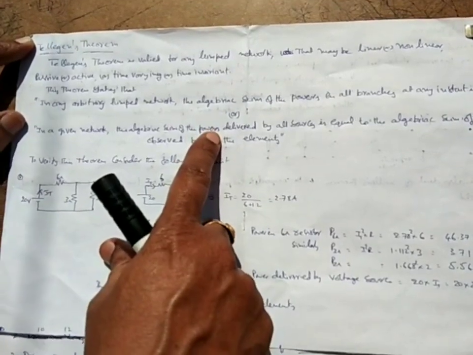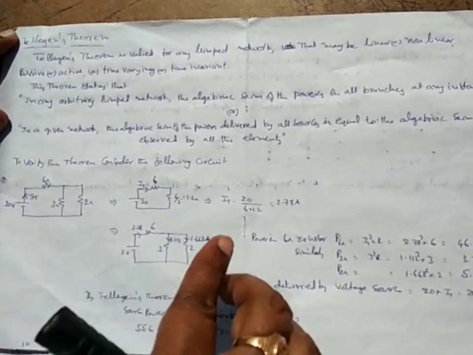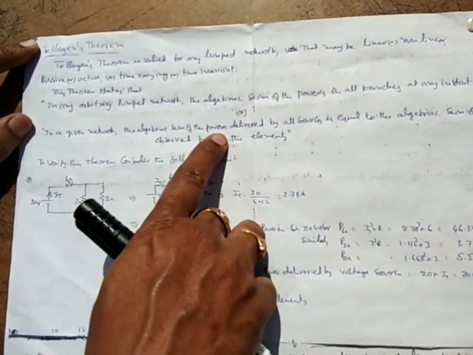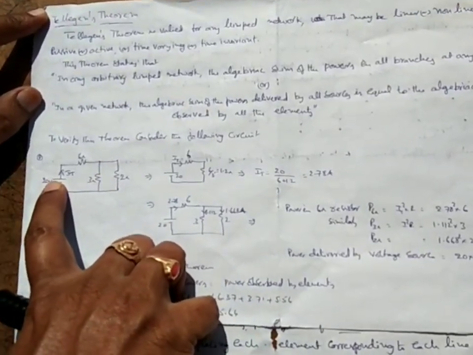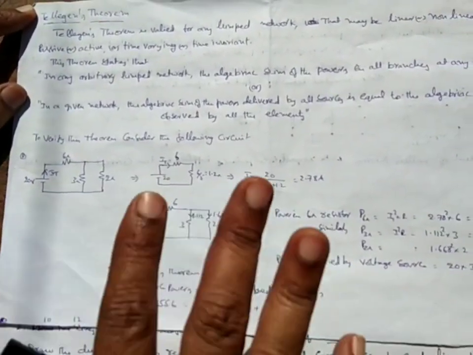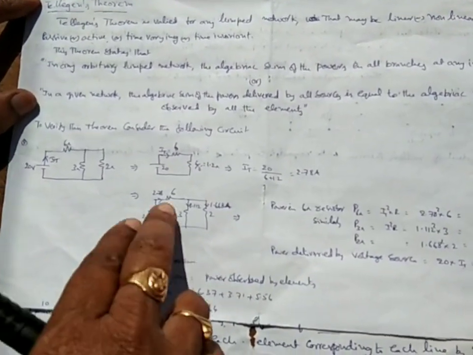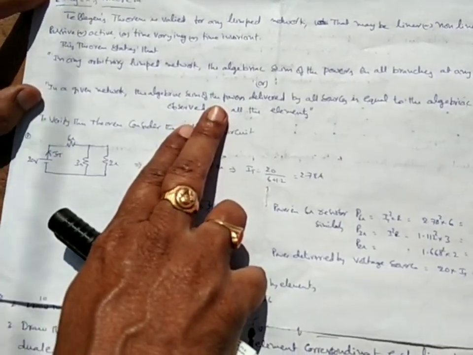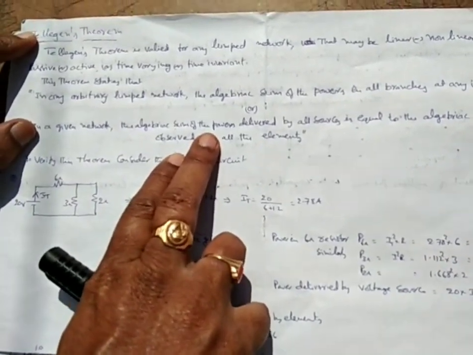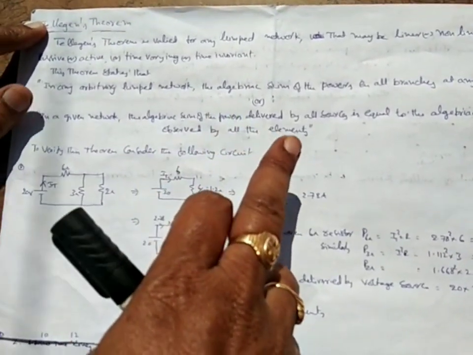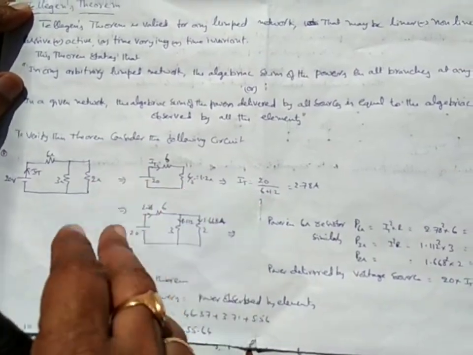Algebraic means taking a proper sign. Generally, we take positive sign for power delivered by the sources and negative sign for power absorbed by the elements. So, this theorem says that power delivered by the sources is equal to power absorbed by the elements, or in other words, total power is 0.